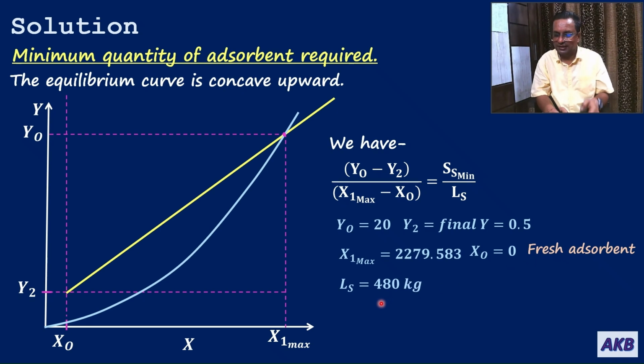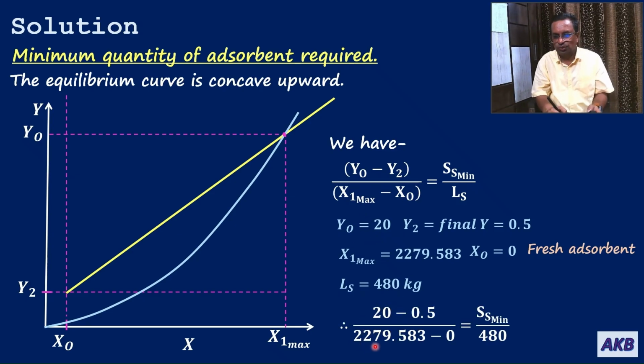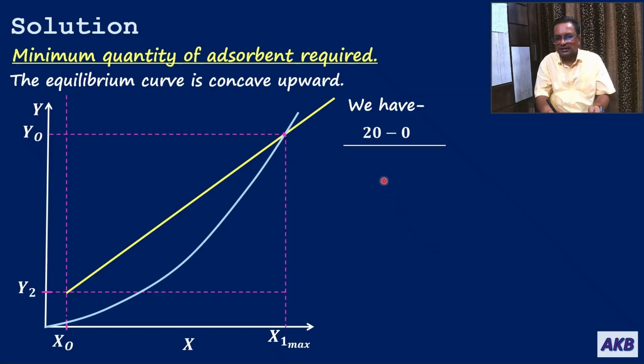LS we know from the calculation done earlier. It is 480 kg. So you have 20 minus 0.5 divided by 2279.583 minus 0 is equal to SS minimum upon 480.